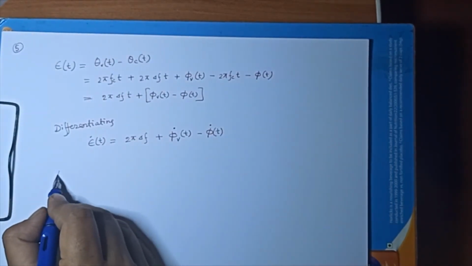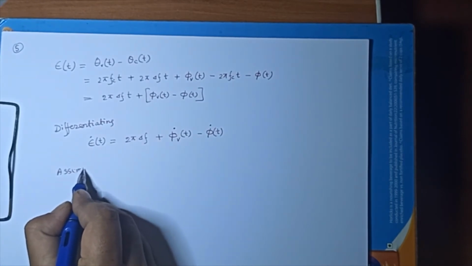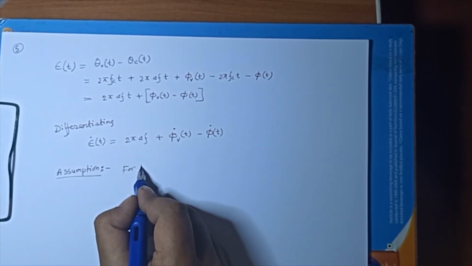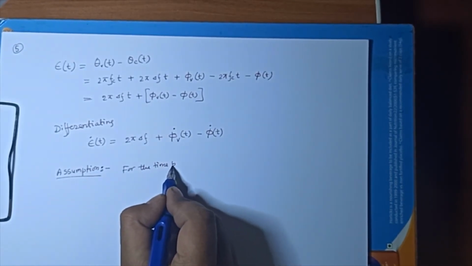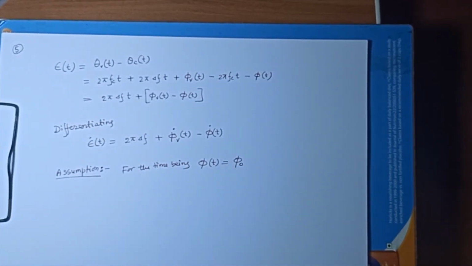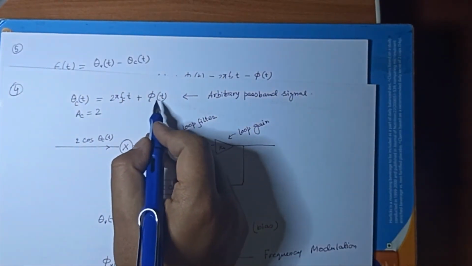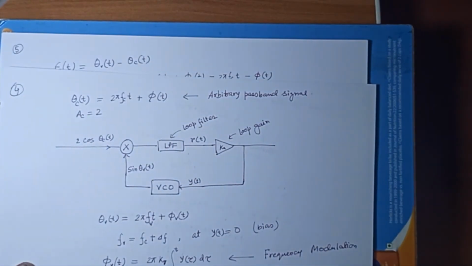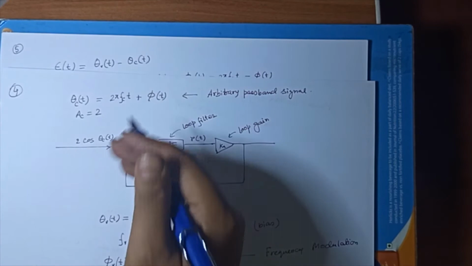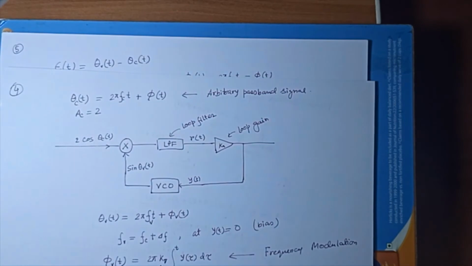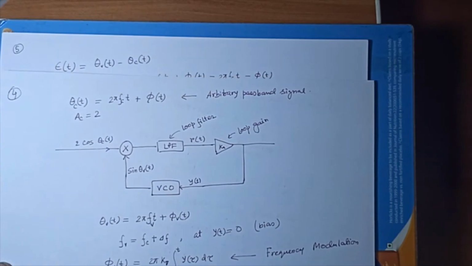Now I'll make an assumption for the time being, that phi(t) is equal to a constant. So phi(t) means basically the phase of the incoming signal. So it is not an arbitrary passband signal, it is basically some amplitude modulation kind of signal, such that within the phase there is no other information, there is no deviation actually. So the angle is constant, whatever is happening in the amplitude, and that is a reasonable assumption.